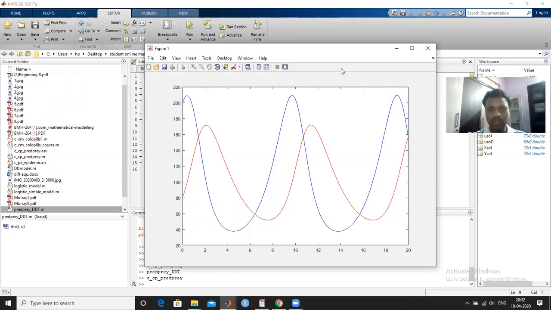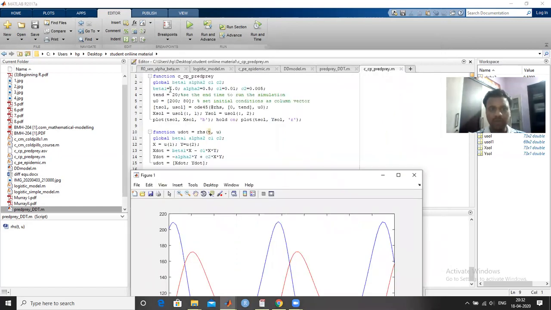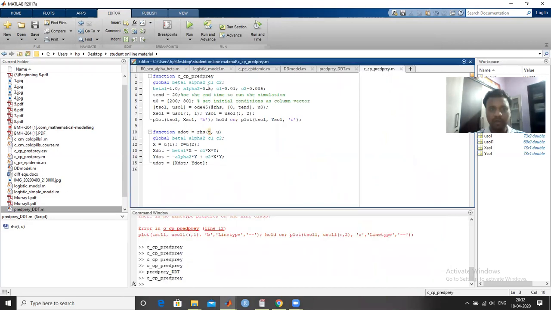This numerical simulation is done for the given values of parameters. We have taken beta 1 is 1, alpha 2 is 0.5, C1 is 0.01, and C2 is 0.005, and u naught holds the initial values of the prey and predator.